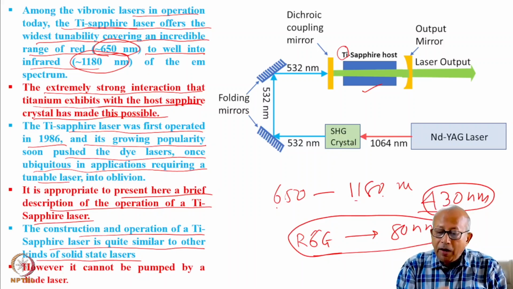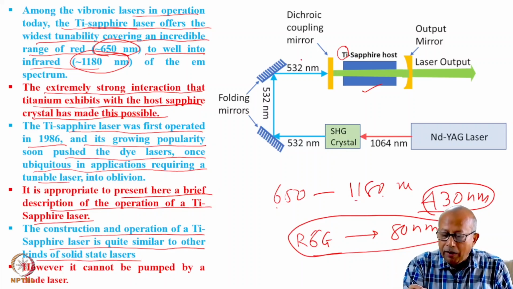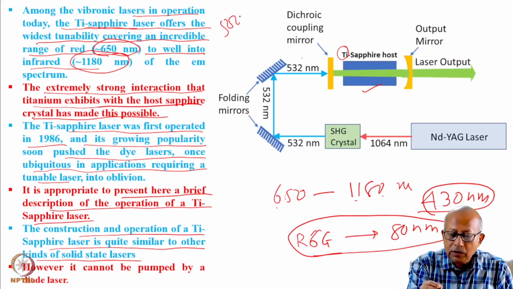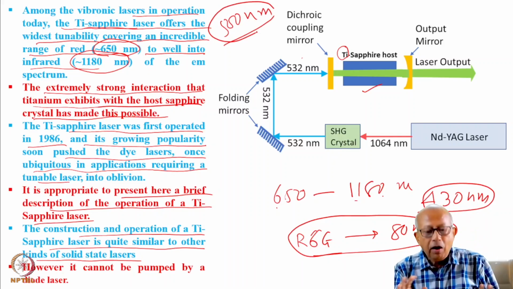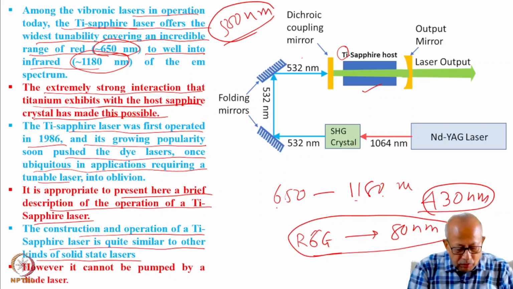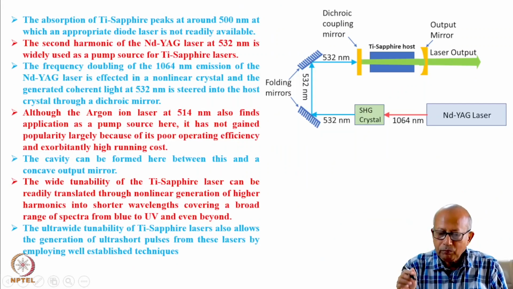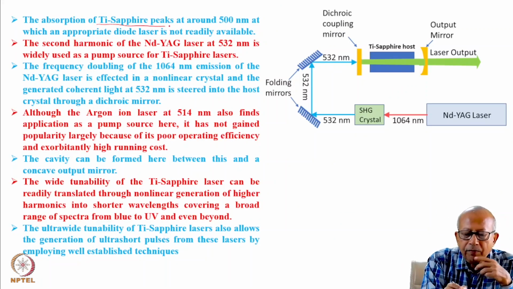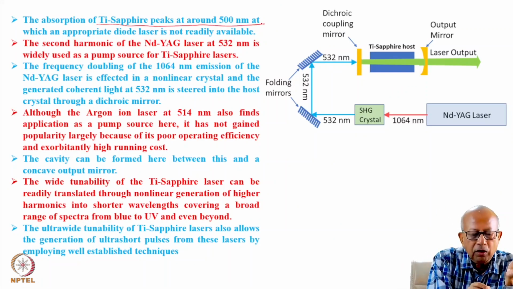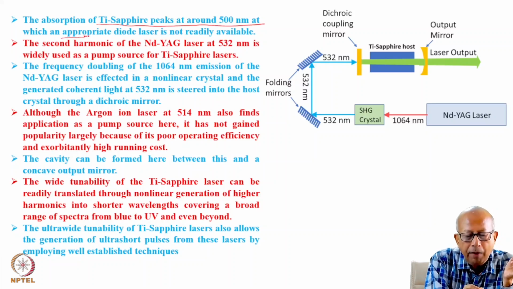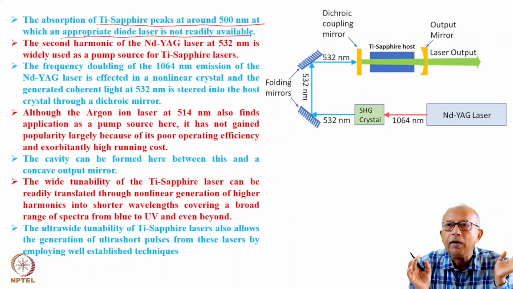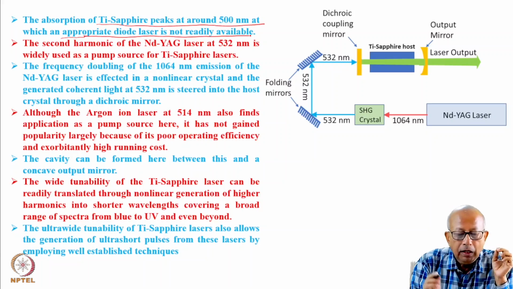However, it cannot be pumped by a diode laser, because titanium absorbs around 500 nanometer, but at this wavelength a good diode laser does not exist. So how is it pumped?